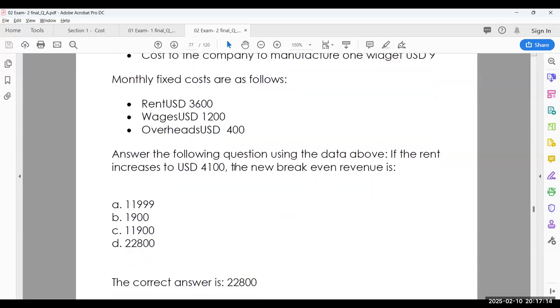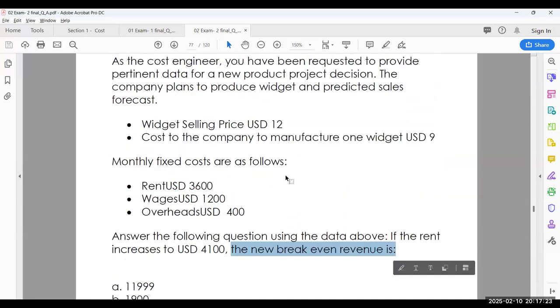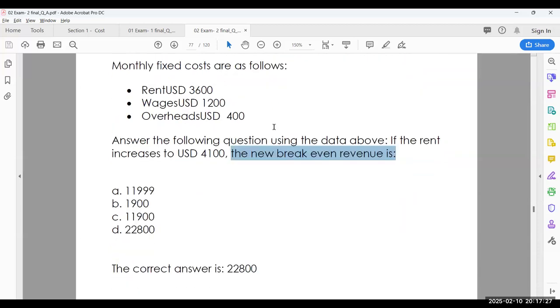See, you have to be very careful, reading very well. It's the new break-even revenue they're asking. So that multiplied by $12, right? How much are you getting?